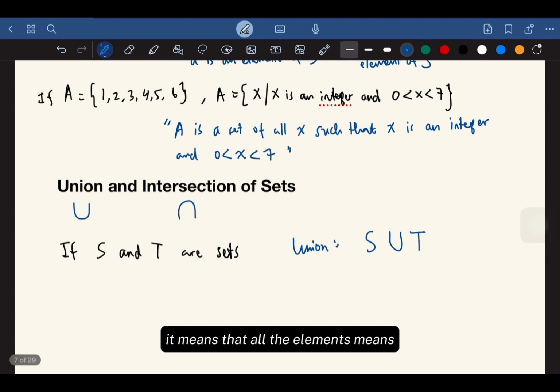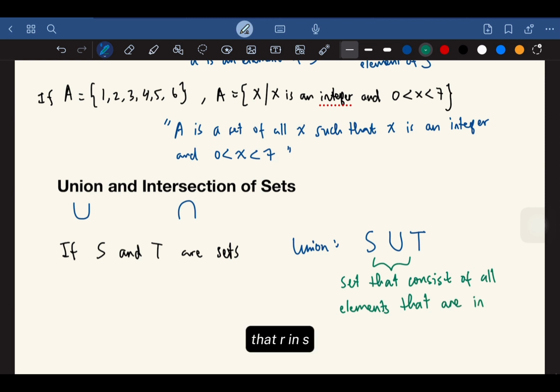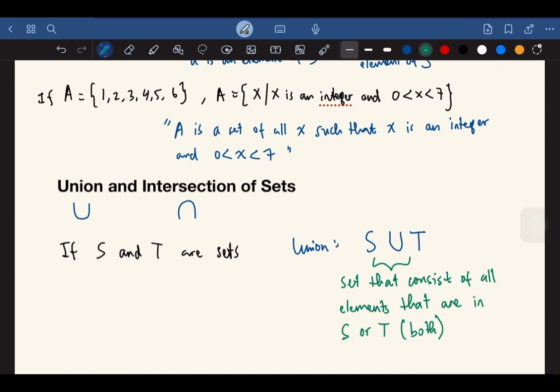It means the set that consists of all elements that are in S or T. It means both.